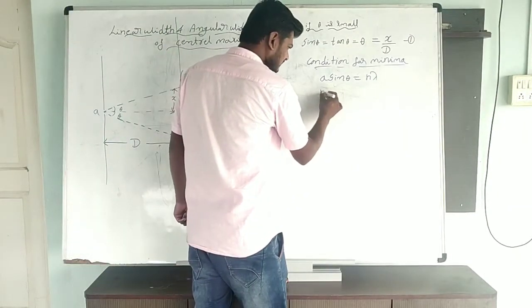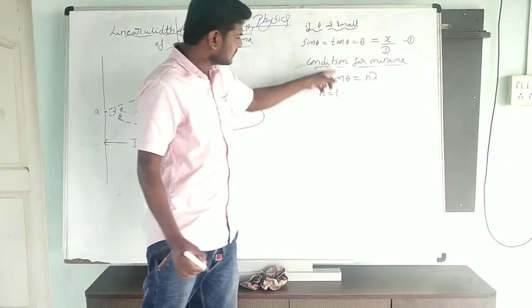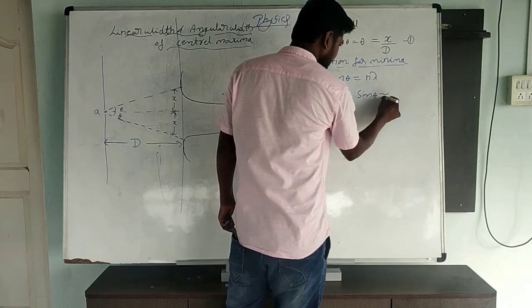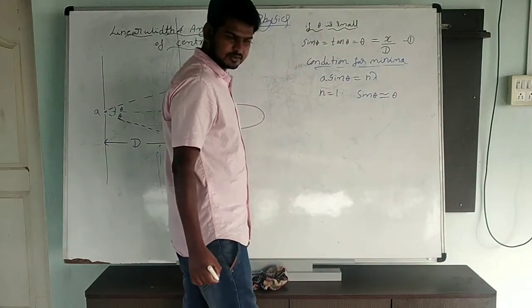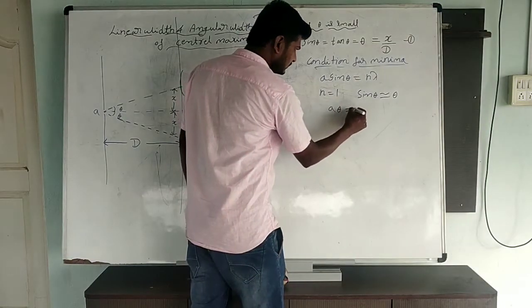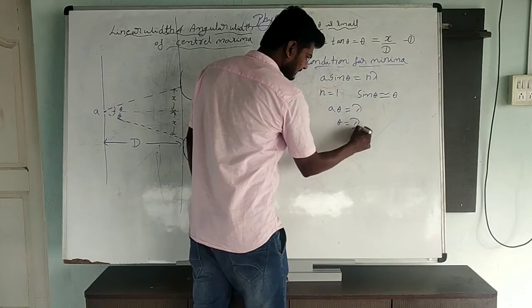For the first minima, n equals 1. Since theta is small, sin theta is approximately theta, so theta equals lambda by a.